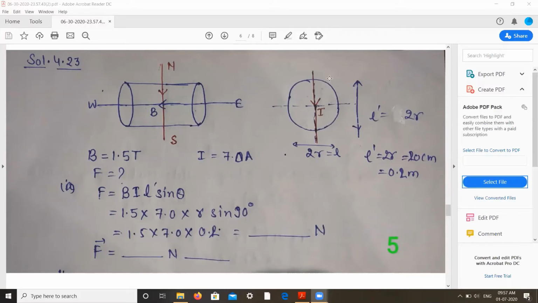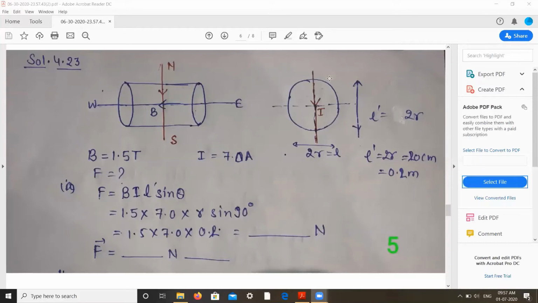If it is passed through that, the front view is in front of you, which is given alongside, and that shows there is a circular frame which is nothing but the face of that cylindrical body, and the wire is passing vertically downwards from north to south in direction. So we can say that the portion of the wire which is in the magnetic field is nothing but the diameter of that circular face.